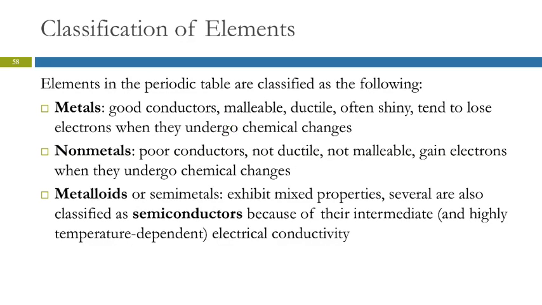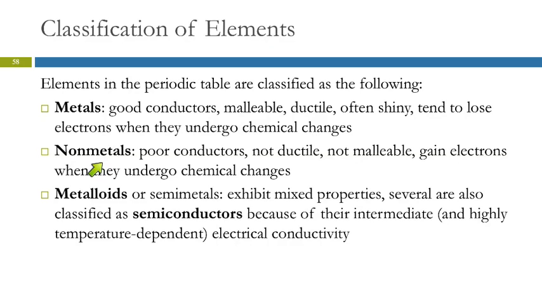Metals are malleable, meaning you can pound them into a sheet. You hit them with a hammer, they're not going to shatter into little bits. They're going to dent, and you could keep hammering it and spread it out. Ductile means it can be drawn into a wire. Metals are often shiny. And most importantly for understanding chemistry, they tend to lose electrons when they undergo chemical changes.